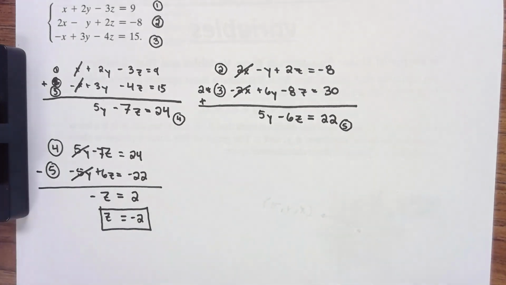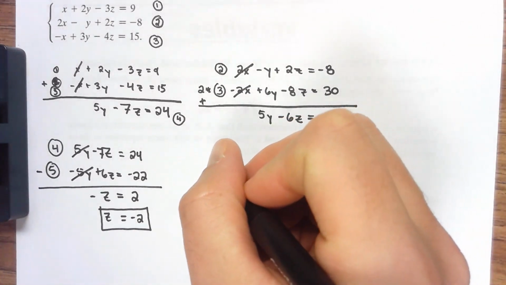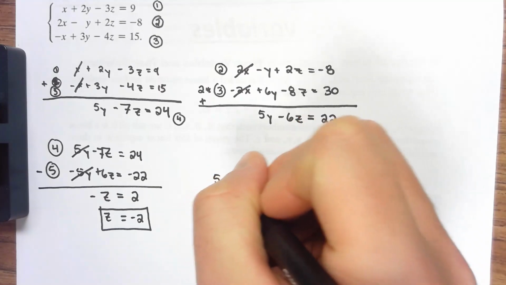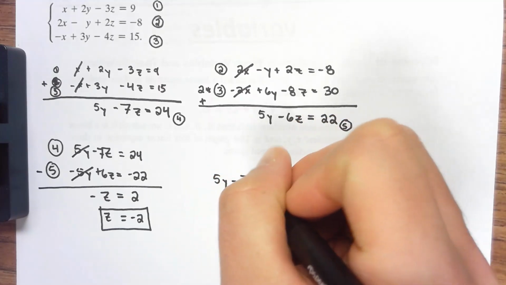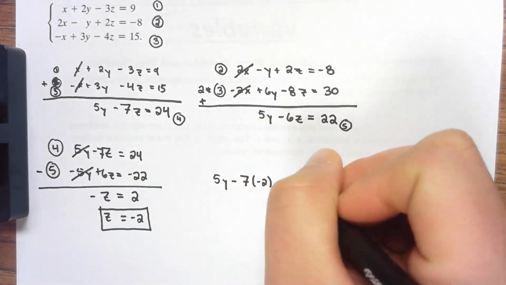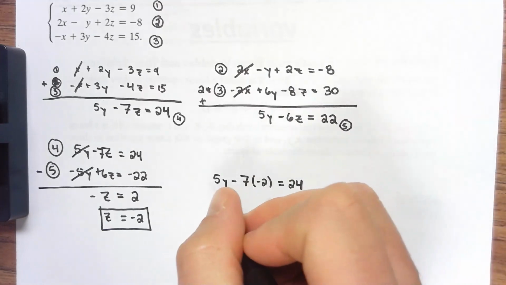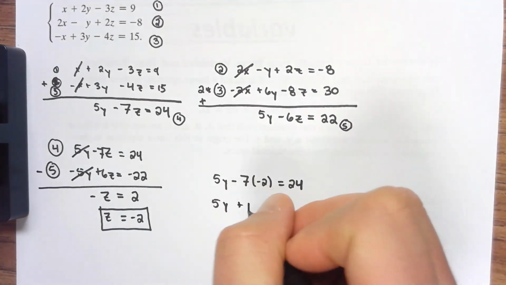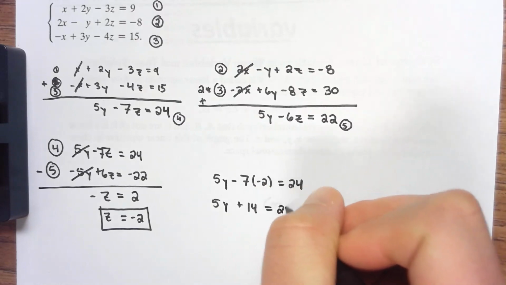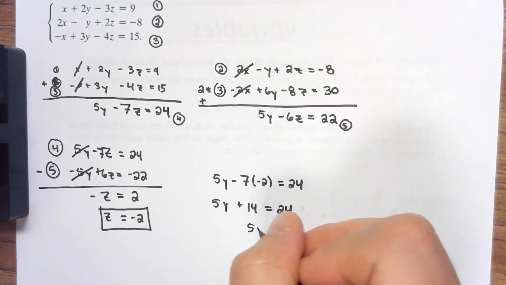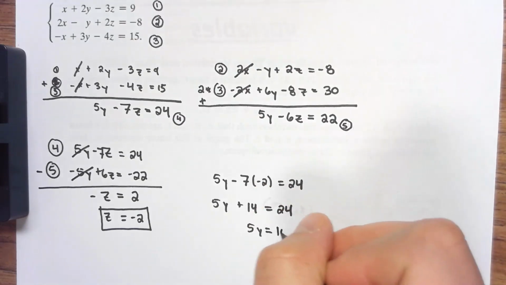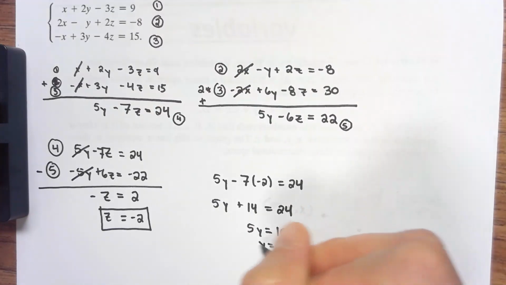So let's plug it into equation 4. So that makes this 5y minus 7 times negative 2, and it equals 24. So 5y plus 14 equals 24. And so 5y equals 10, making y equal to 2.